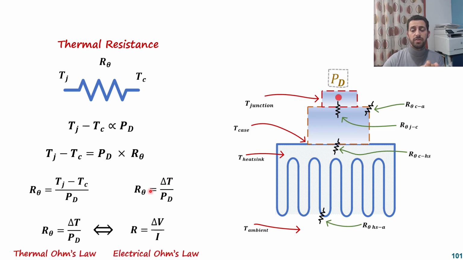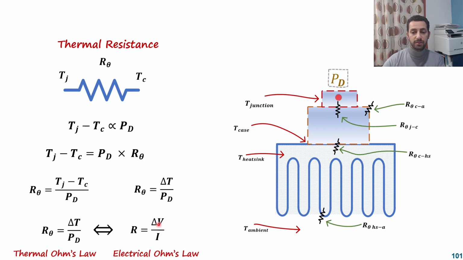If we compare it with the electrical Ohm's law, electrical resistance equals the difference in voltage between that point and that point divided by the current. But in the thermal case, the resistance equals the difference in temperature between that point and that point divided by the power dissipation. So that's why we represented the power dissipation by a current source, because it mimics the electrical current source.